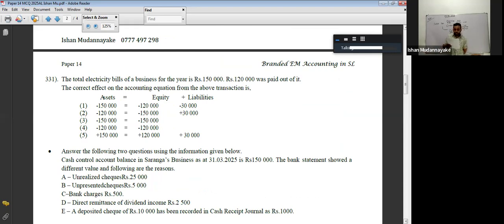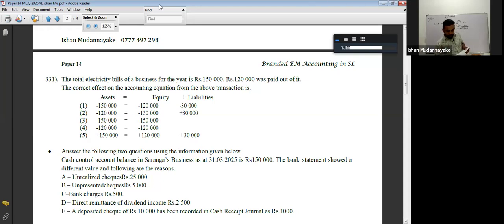The total electricity bill of a business for the year is 150,000. 120,000 was paid out of it. The correct effect on the accounting equation from the above transaction is what? What's the answer?